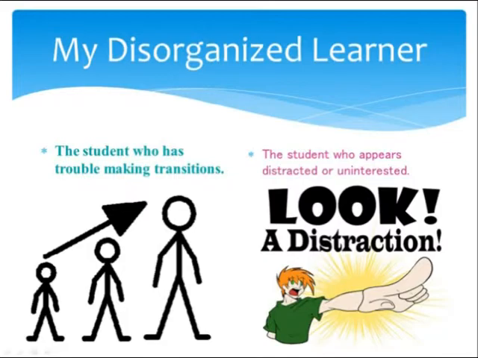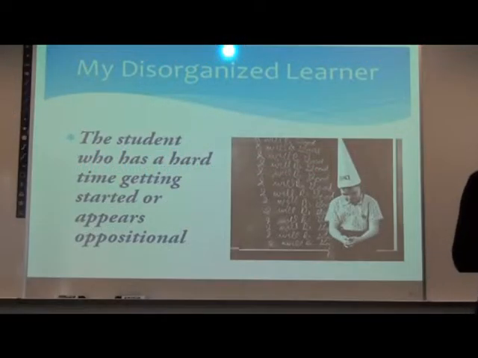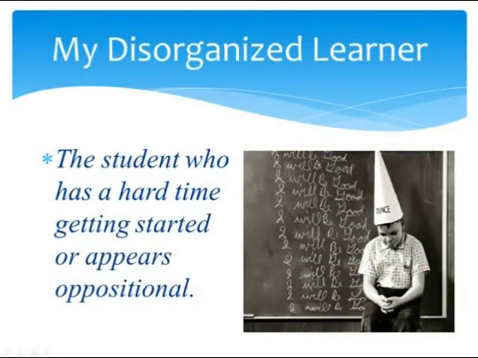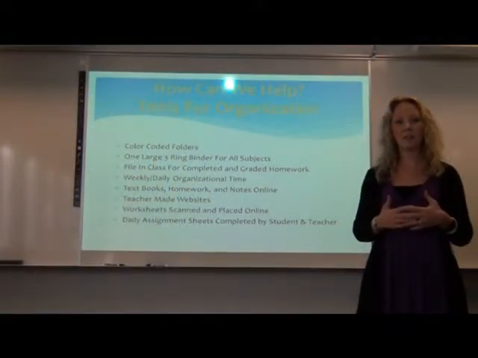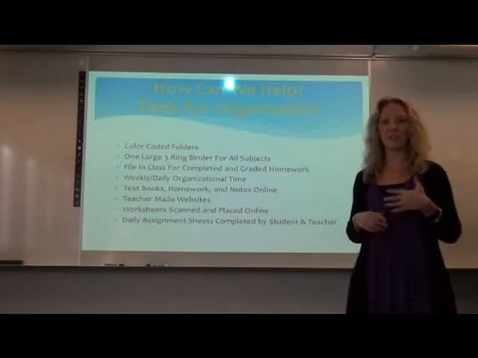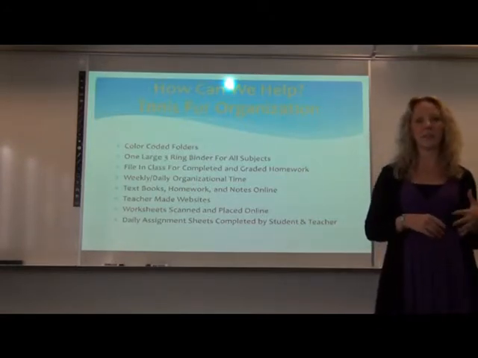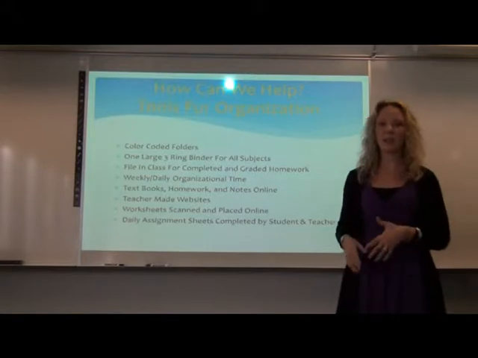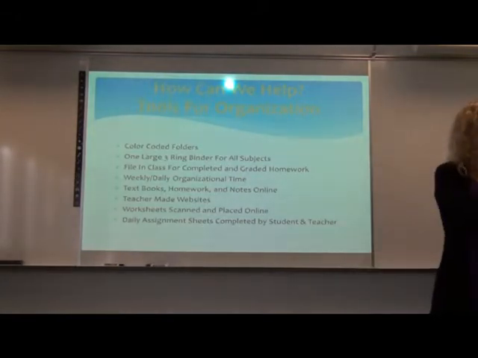And finally, my disorganized learner is a student who has a hard time getting started or appears oppositional. So, now that we have an idea of what our disorganized learner looks like, let's try to figure out some strategies that we can use in our classroom each day to help that student and others around him.